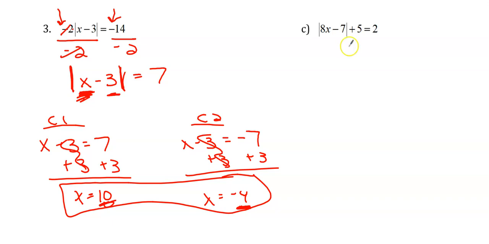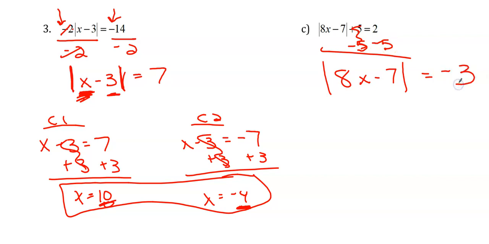So if you subtracted 5 to begin with, very good job. Absolute value of 8x minus 7 equals 2 minus 5 is negative 3. And if you're not thinking, you're going to say, oh, case 1, case 2. But I'm thinking.